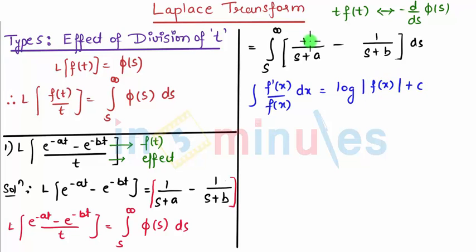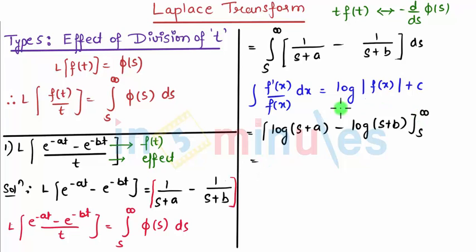In the same way, I'll be using 1 upon s plus a. So differentiation of s plus a is 1. So I can write directly log of s plus a minus log of s plus b, which has the limits s to infinity.